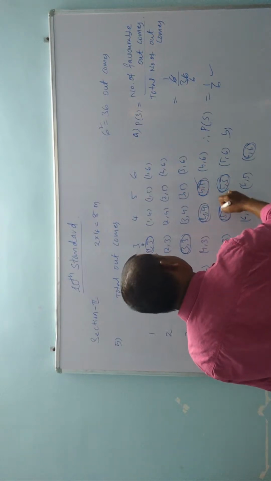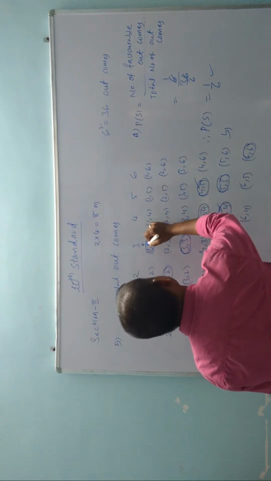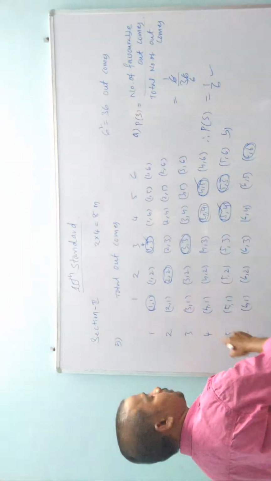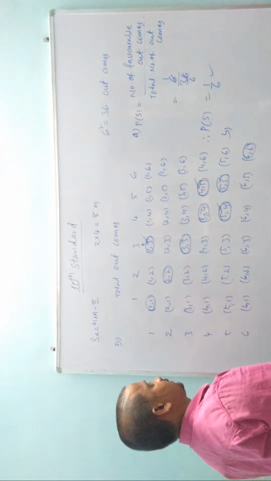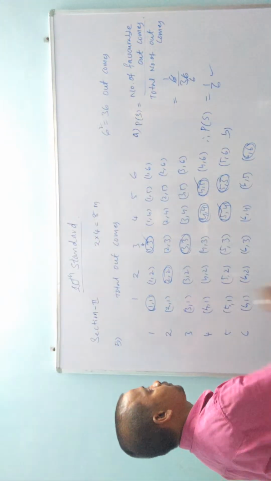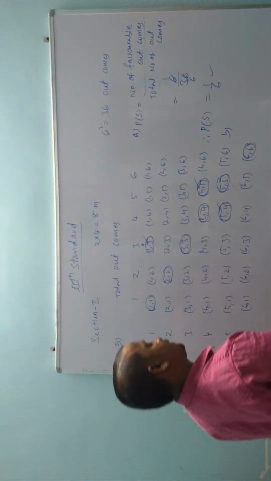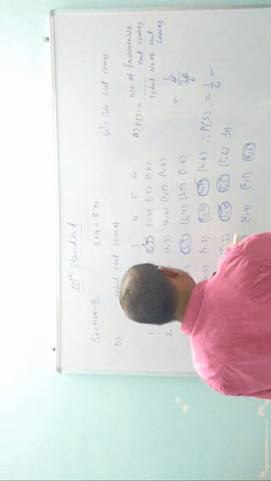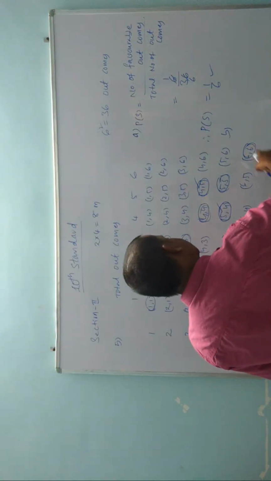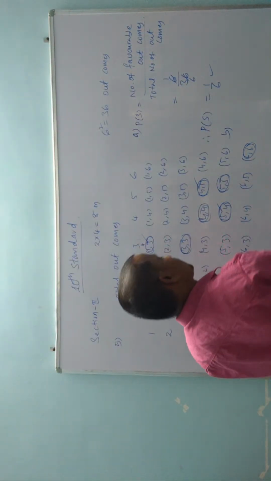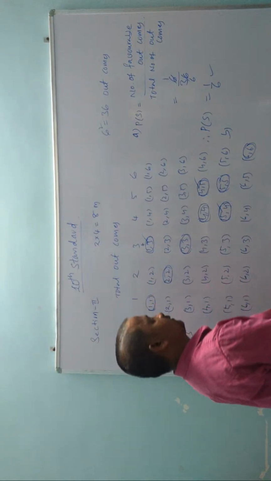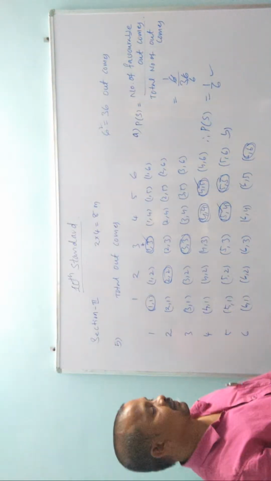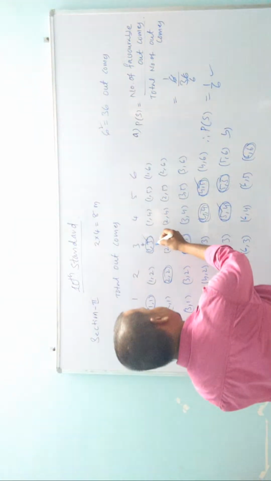So here this one and this one. 1 we cannot get it. 2 square is 4, 3 square is 9, and next 4 square is 16. Where do we get 16? 6 plus 6 is 12 at most, so we cannot get 16. 16 is the next perfect square after 9.